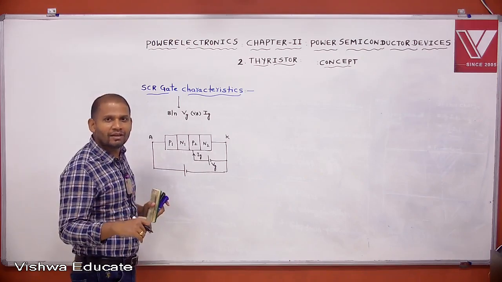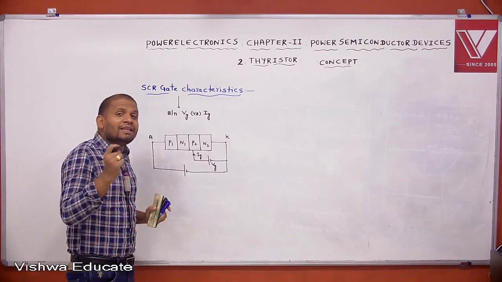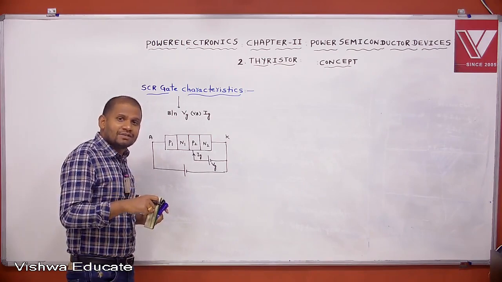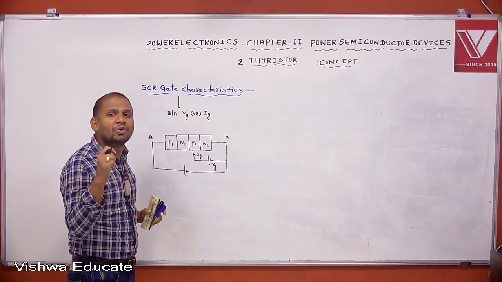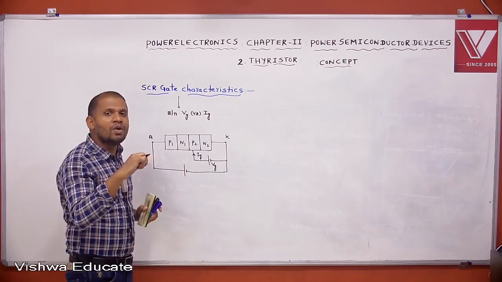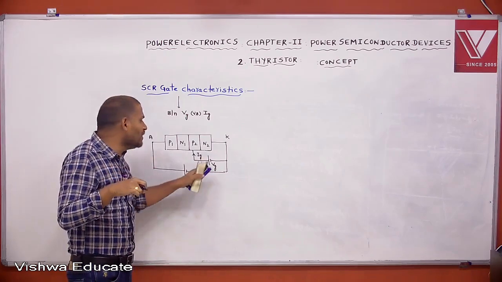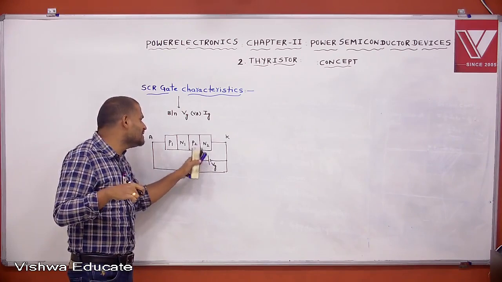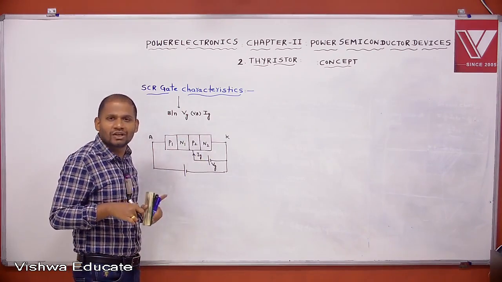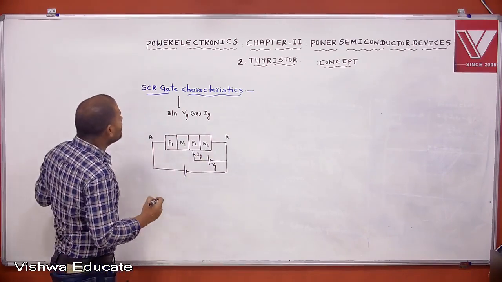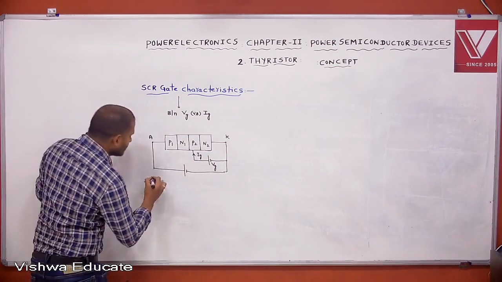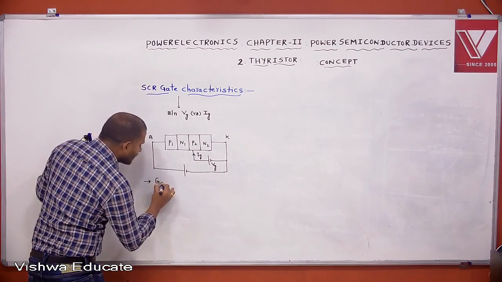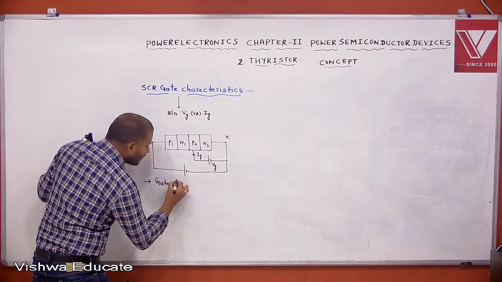That's the reason why the gate characteristics of SCR are the same as the PN diode characteristics: we are drawing the characteristics between Vg and Ig, and this Vg, Ig is applied across one PN junction.